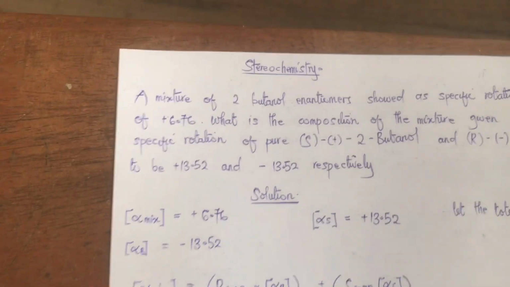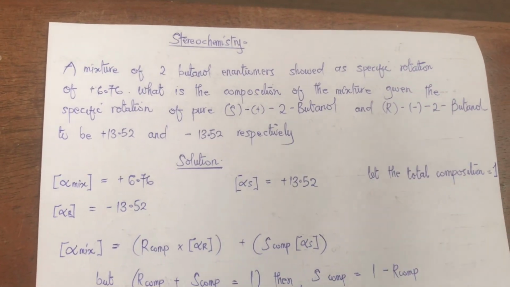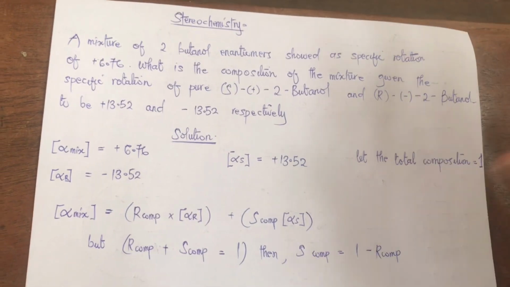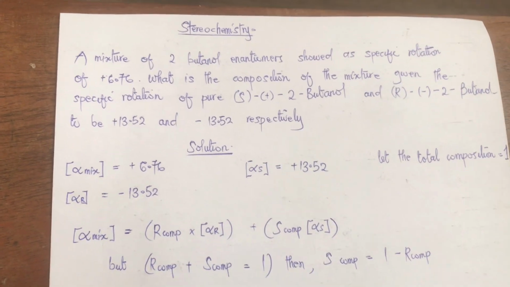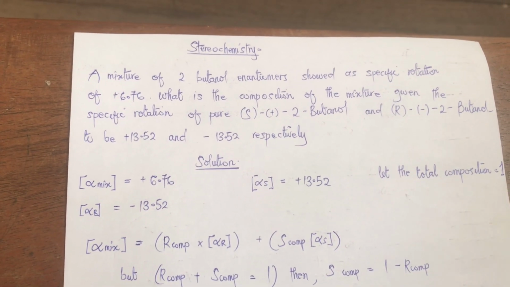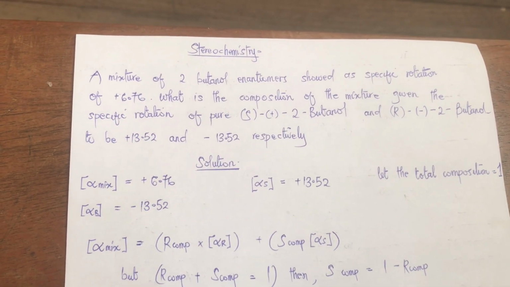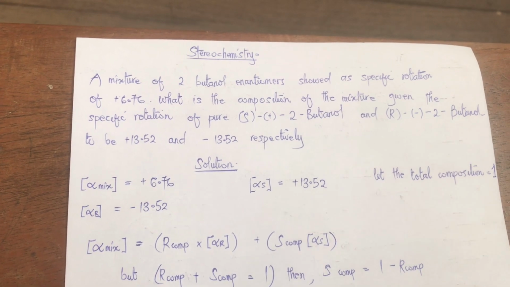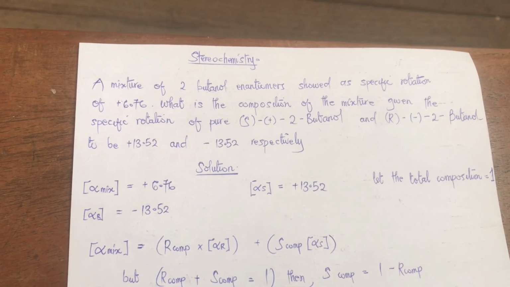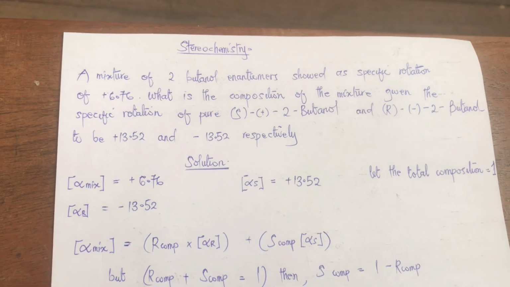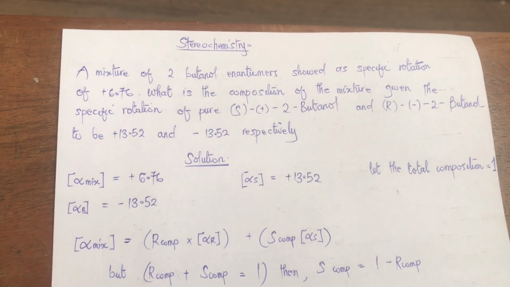Now, there's a question that I want to actually discuss with you. It's all about stereochemistry, but there are some facts about it that you should know. Now, when they are saying that a mixture of 2-butanol enantiomers, we all know that 2-butanol is a chiral molecule. It has a chiral center. For that matter, it exhibits enantiomeric properties.